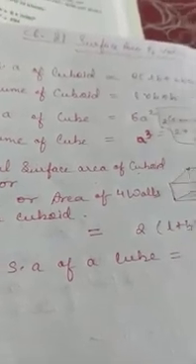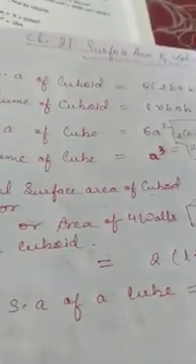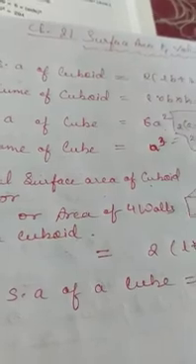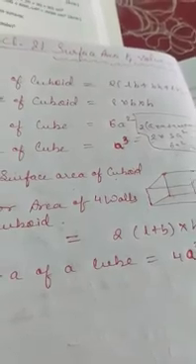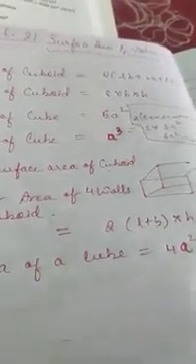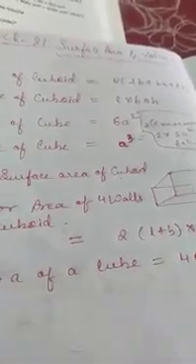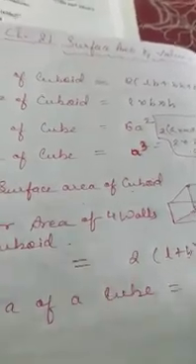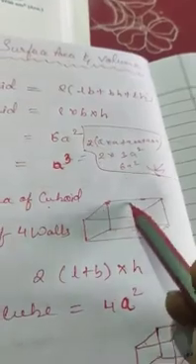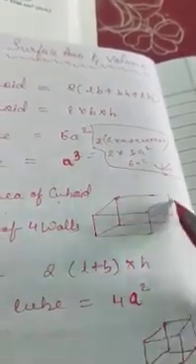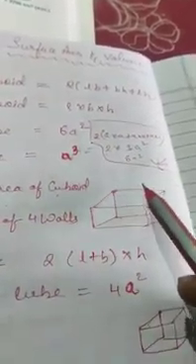Just see in your room. Lateral surface area means bottom and floor part removed. Okay, upper and lower part removed, that is lateral surface area. Like the area of 4 walls, you can count.